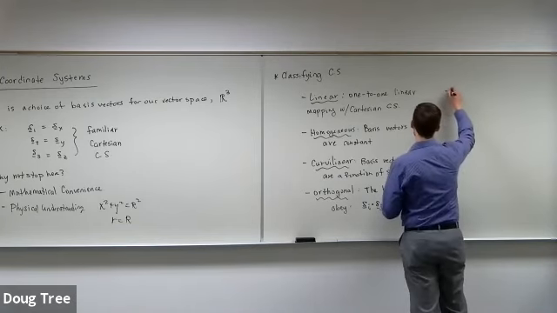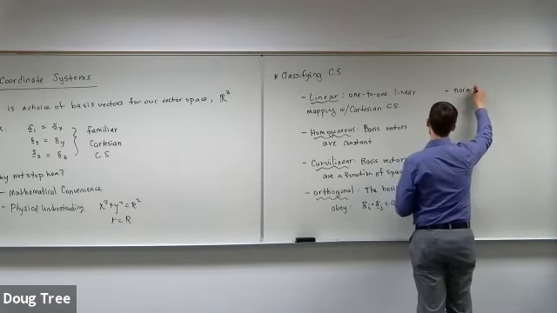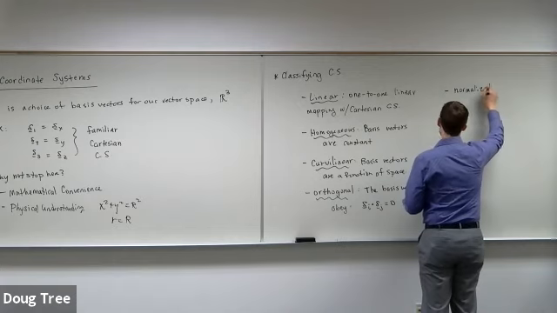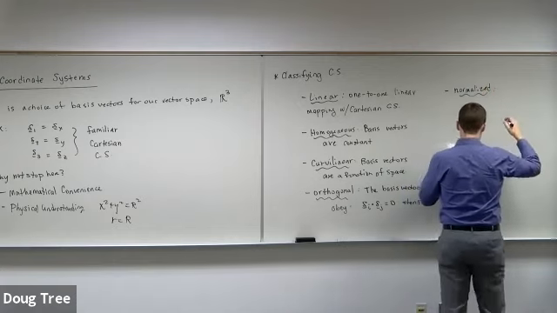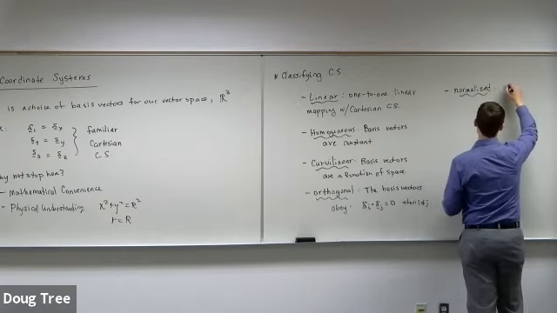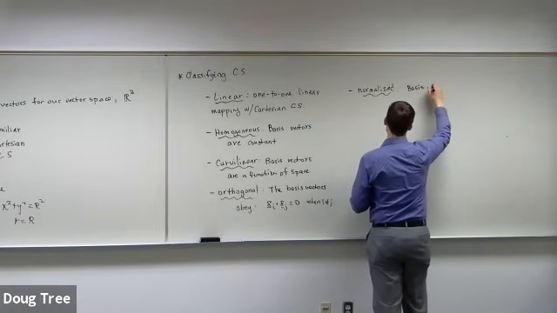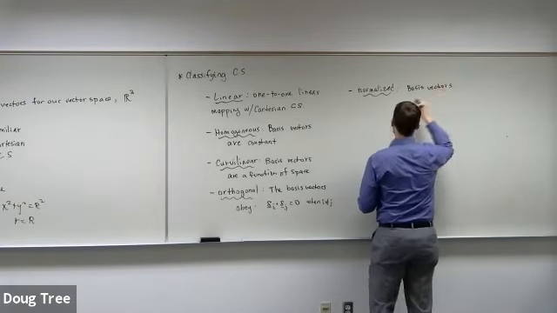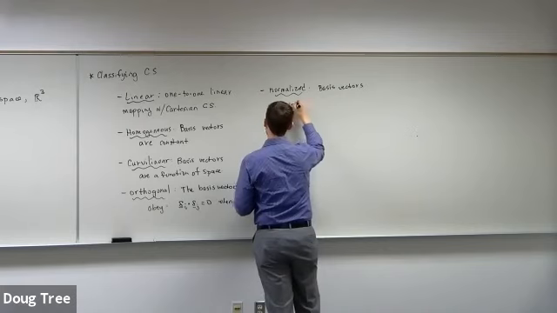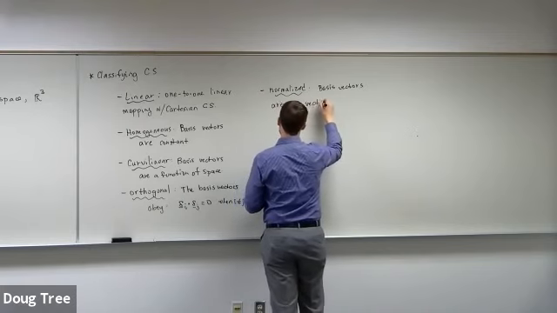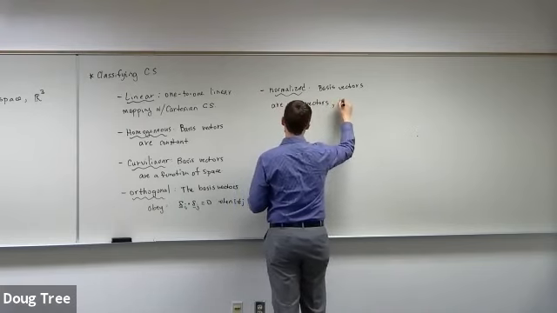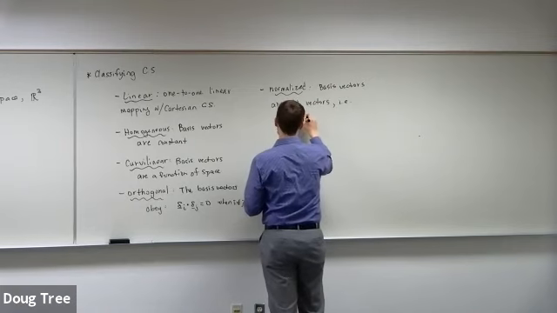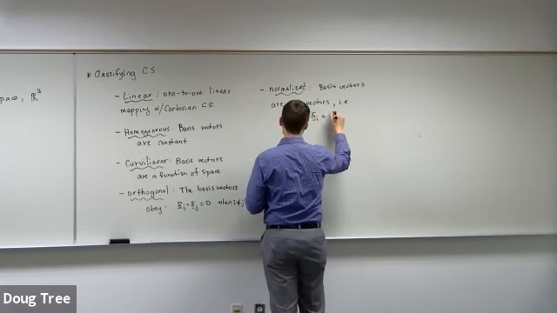Another property would be normalized. In a normalized system, the basis vectors are unit vectors, which means that delta i dot delta i is equal to 1.